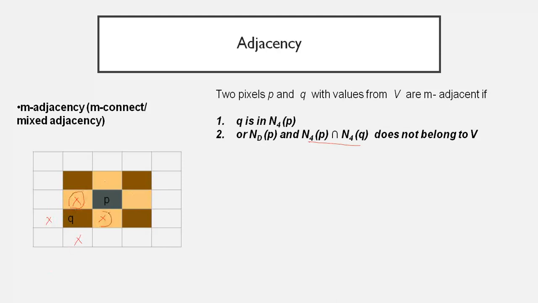So if the values at the intersection of the 4 neighbors of P and the 4 neighbors of Q belong to V, then we cannot connect P and Q. That means if the value at this location or at this location belongs to V, then P and Q cannot be connected.